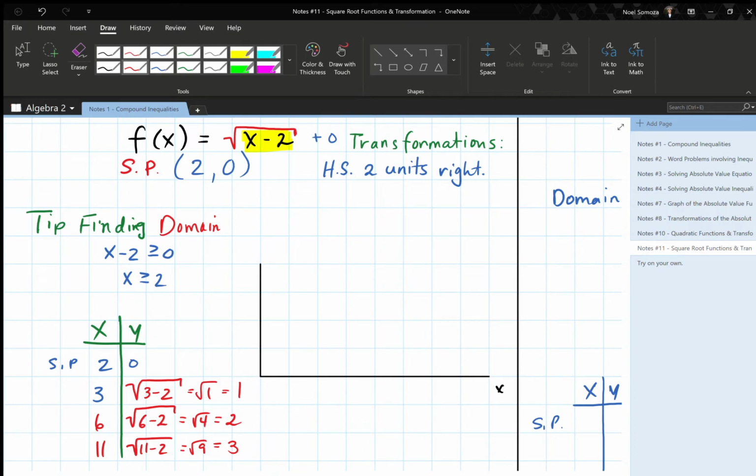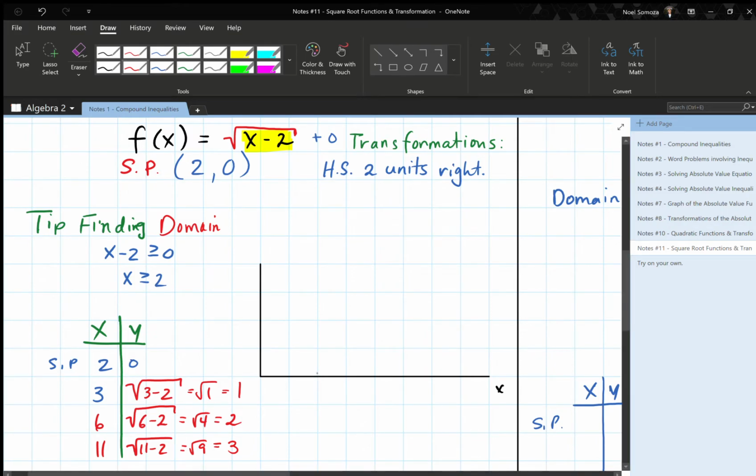Okay. All right, so let's go ahead and graph. I have 2, 0 as my starting value here. Then we have 3, 1. Then we have 6, 2.